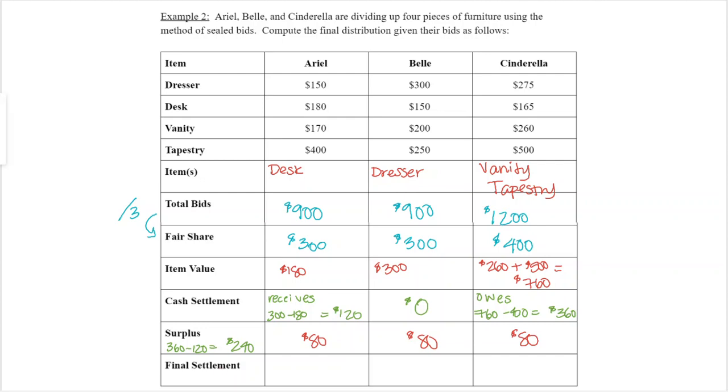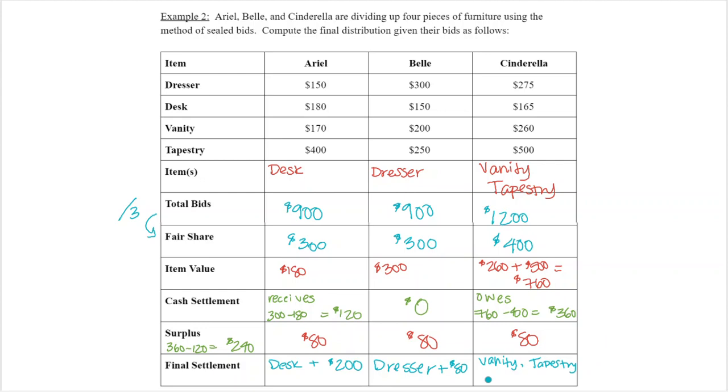So our final settlement, Ariel gets the desk and 120 plus $80, so plus $200. Belle gets the dresser and the $80 from the surplus. Cinderella gets the vanity and the tapestry.